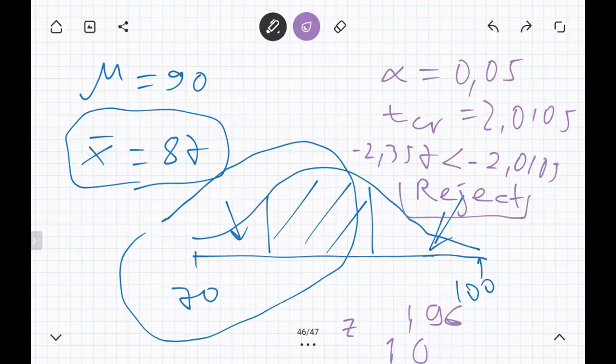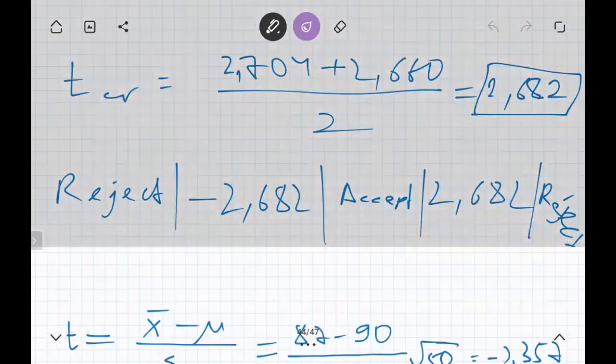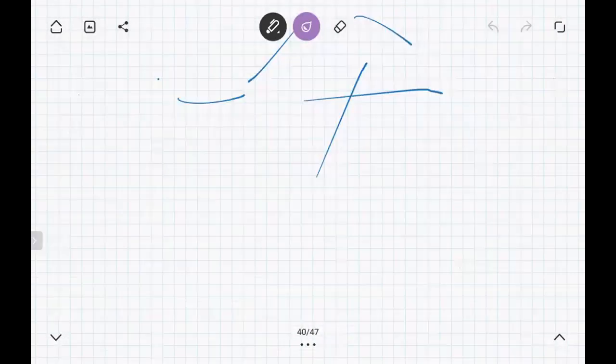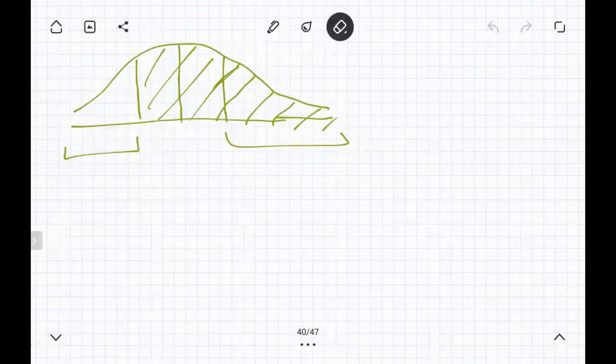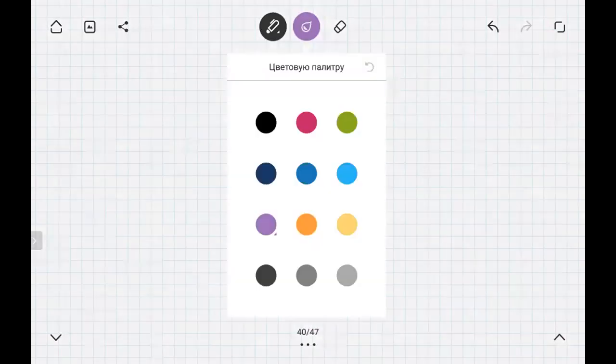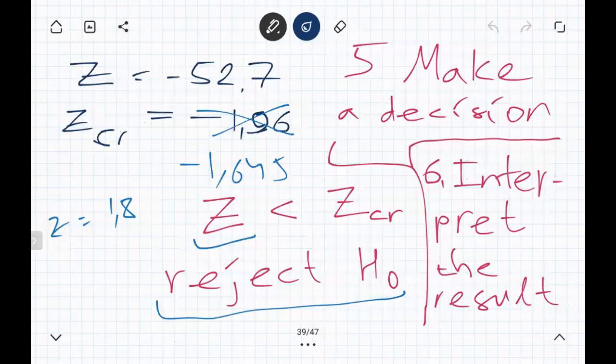Okay, and there's a couple of things I want to tell you. So let's go back to our first Z-test. I'll clear this page and we will use it. Could you please show how we get minus 2.357?